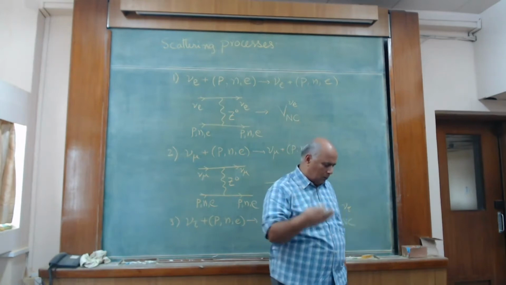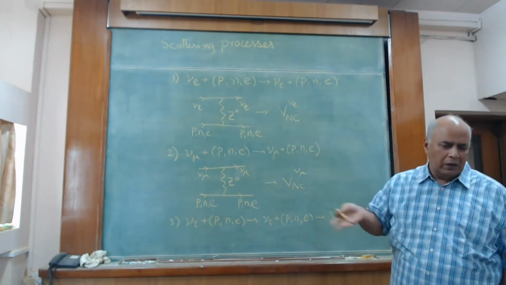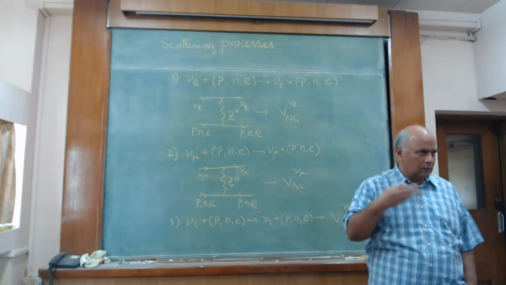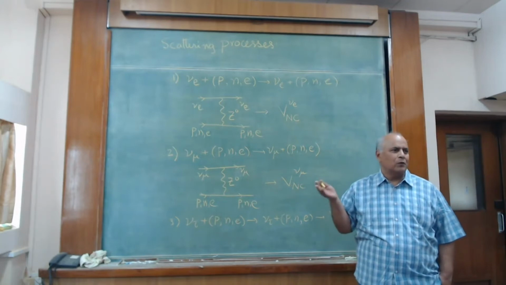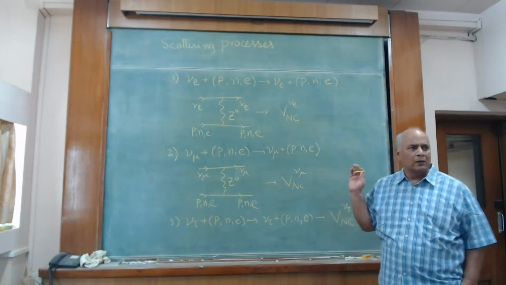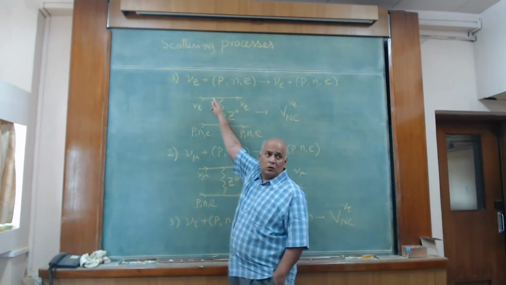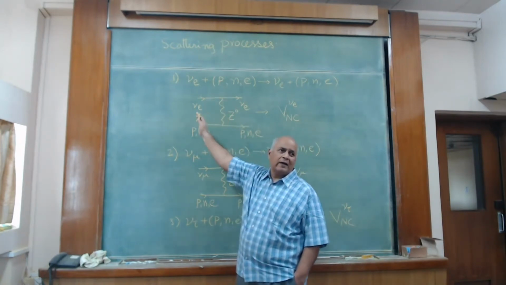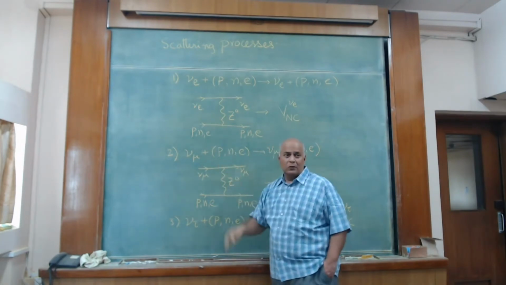But what electroweak theory tells us, and we give it a name actually, it's called lepton flavor universality, that the couplings of Z0 to nu e are exactly same as couplings of Z0 to nu mu.